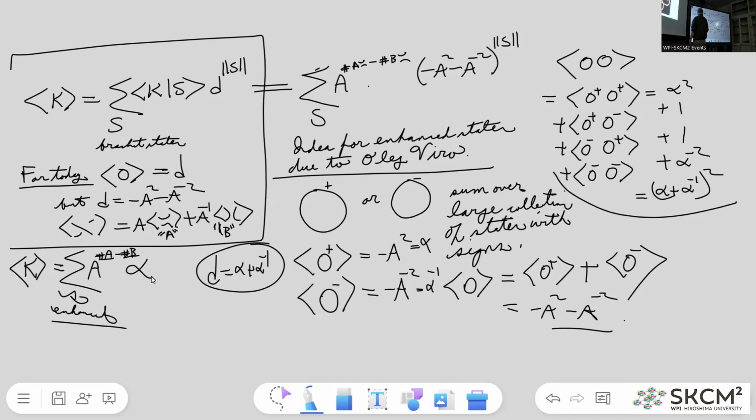I get alpha to the, what I'll call lambda plus minus lambda minus, where lambda plus is equal to the number of loops that are plus, and lambda minus is equal to the number of loops that are minus. And now I have a sum of monomials, which we can write out in a little more detail.